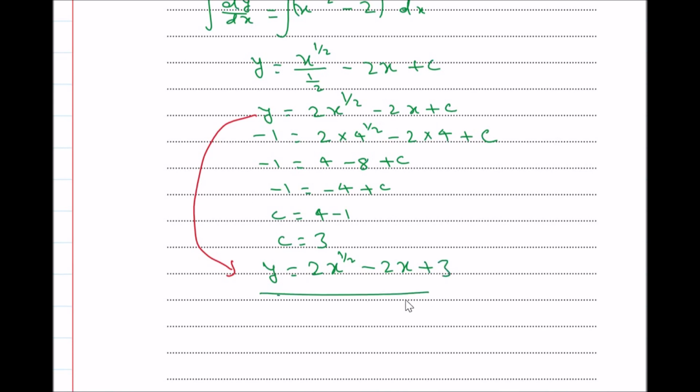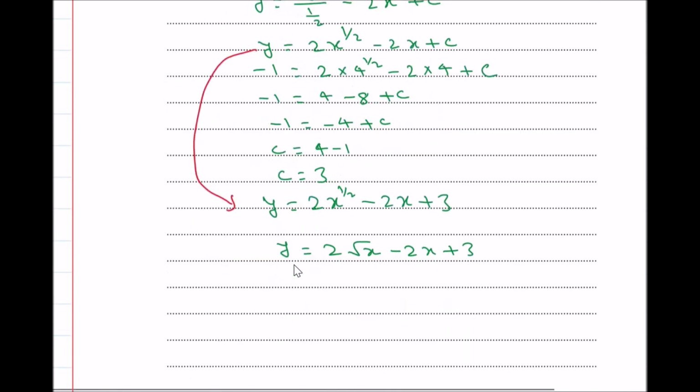So this is your answer. That also can be written as 2 root x minus 2x plus 3. We can write in this form also, so either one is correct. This is the equation of the curve.